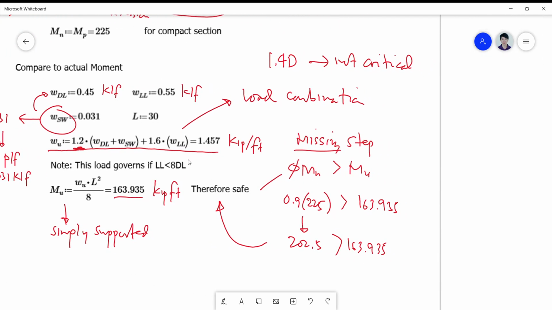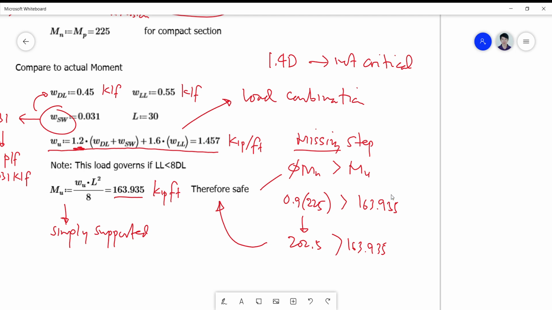So I have to multiply this 225 with 0.90, which is 202.5, to find out whether the beam can support the needed loadings or not. No? So it happens to be greater than 163.95, and therefore your beam as presented on this problem is safe to resist the given loading.